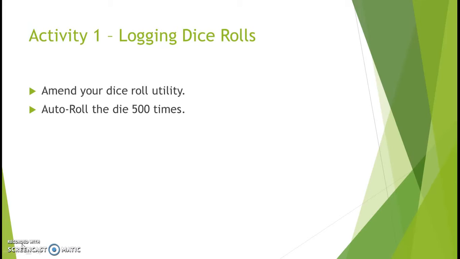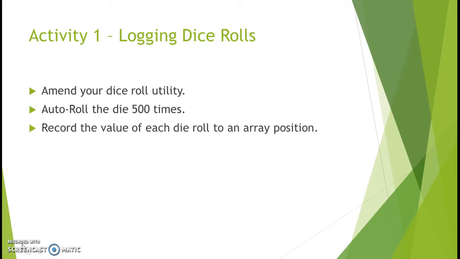In this case, we're going to still use the auto roll, use the loop to roll a die 500 times, much like we did previously. But previously we just collected the total of the rolls. This time, I want you to record the value of each die roll to an array position. And we can do it pretty easily by using our array command and take the roll that we get from our random number generator and assign it to a position.